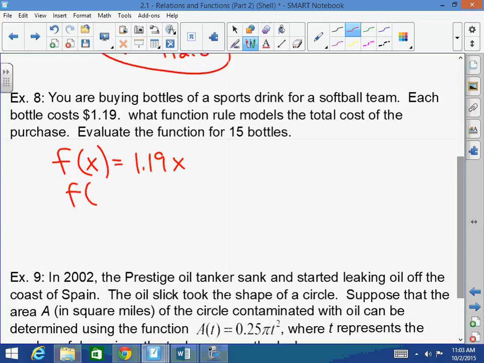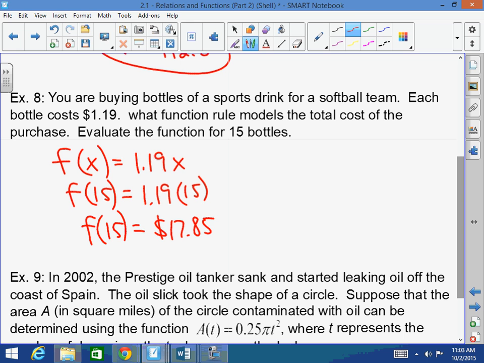So I want to find the cost when x, the number of bottles, is 15. So I replace the x with 15, and $1.19 times 15 bottles, the cost of 15 bottles, equals $17.85.